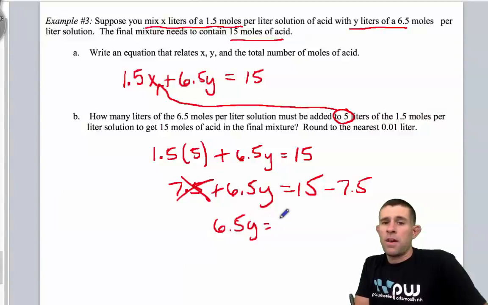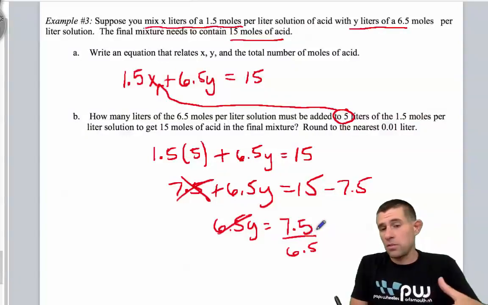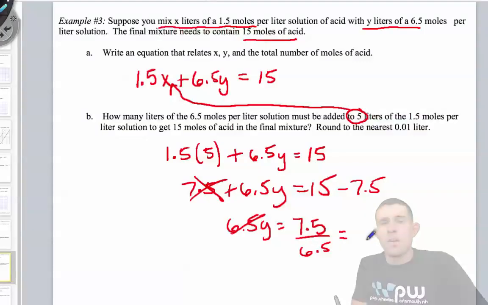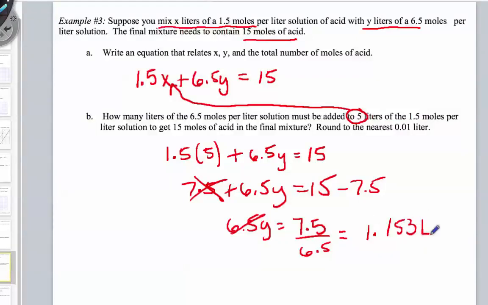So 6.5Y is now equal to 7.5, and now I have to divide both sides by 6.5. So in the end, Y, or the amount of solution here, will come out to be 1.153 liters.